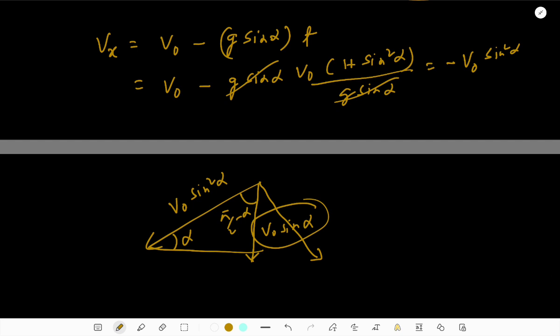At the moment of returning to its initial height, the velocity of the cube is directed vertically downwards, and it is equal to v naught sine alpha.